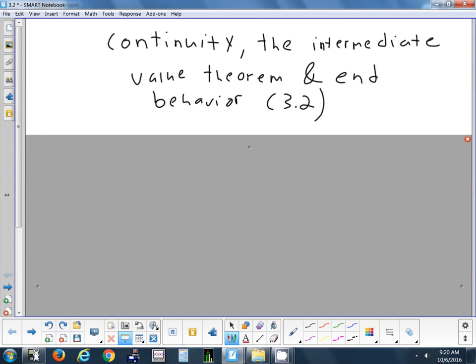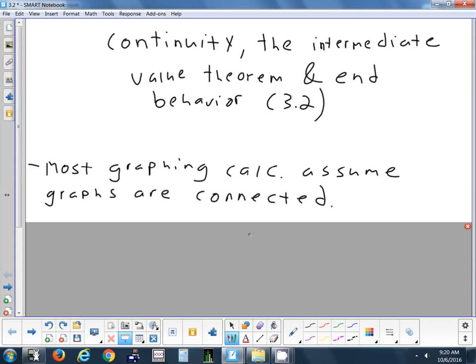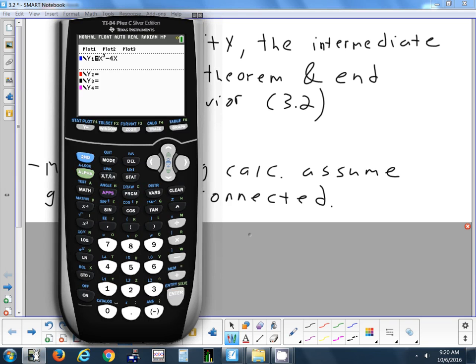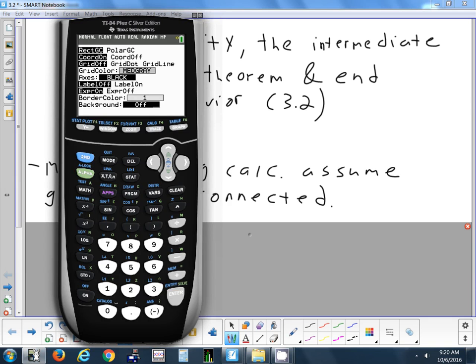That's less. All right, so most graphing calculators, especially older ones, assume that when you draw something on the screen, you want it to be connected. So if you have an older calculator and you type this in, this is what you're going to get. Okay, I typed in what's called tangent. You don't have to know what that is.